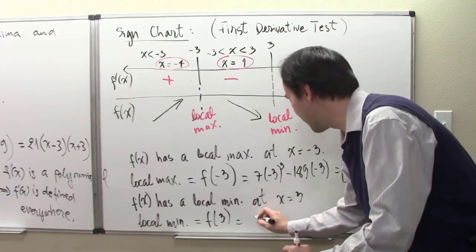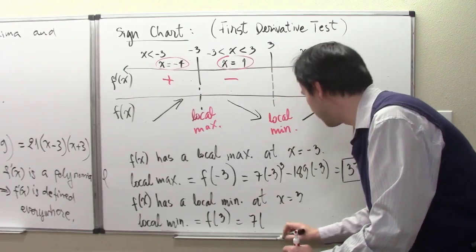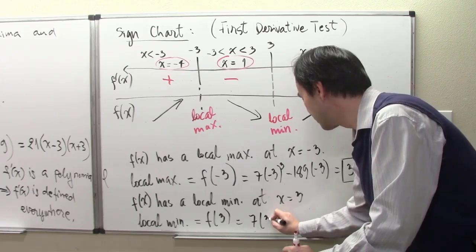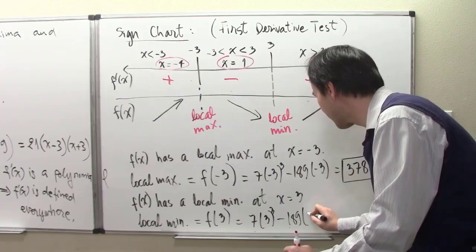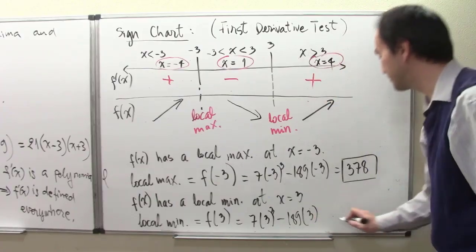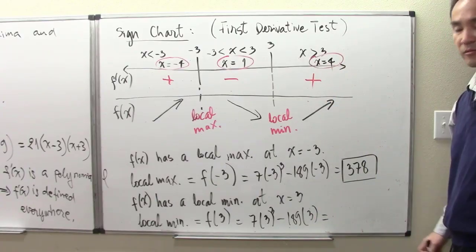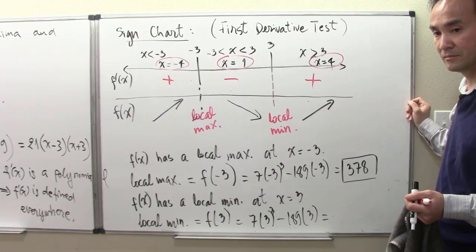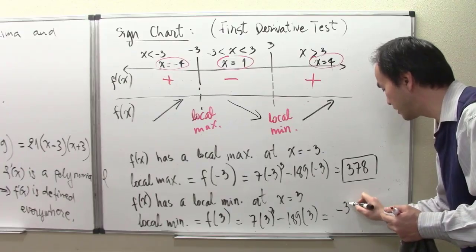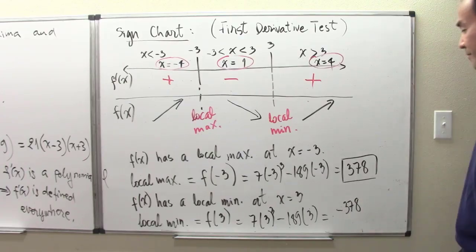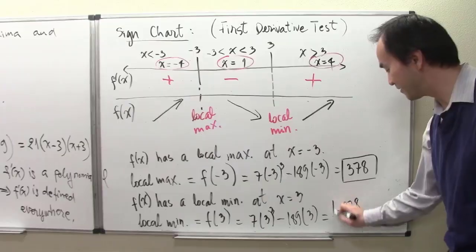And then we're going to look at 7 times 3 cubed minus 189 times 3. Okay, so go ahead and run your calculation for me. Negative 378. So I hear negative 378. Okay. All right, thank you.